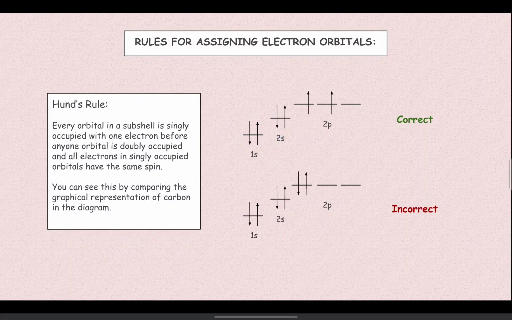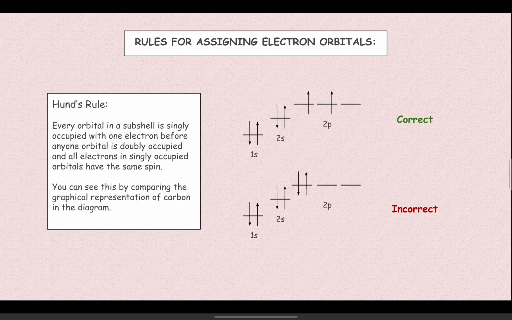That's easy. And then you've got Hund's rule, which is the last rule for assigning electron orbitals, which is simply every orbital in a subshell is singly occupied with 1 electron before any orbital is doubly occupied, and all electrons in singly occupied orbitals have the same spin.